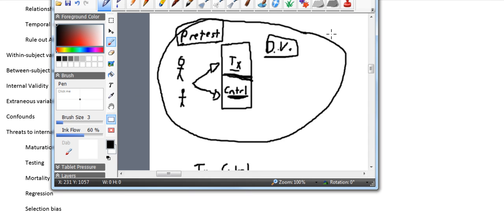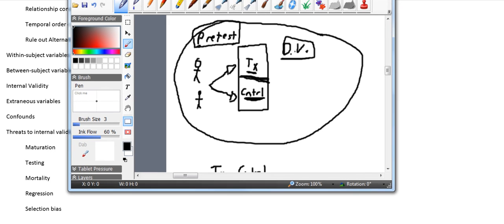That's a difference between the two conditions. That varies systematically with the independent variable, treatment versus control, so that they're not really being treated similarly anymore. And we wouldn't be able to rule out if it was the treatment that caused the difference in social anxiety scores after the intervention, or if it was just a different method of administering the social anxiety measure.